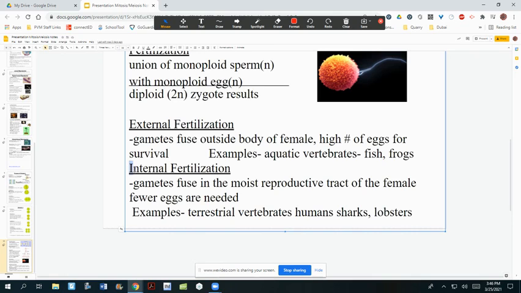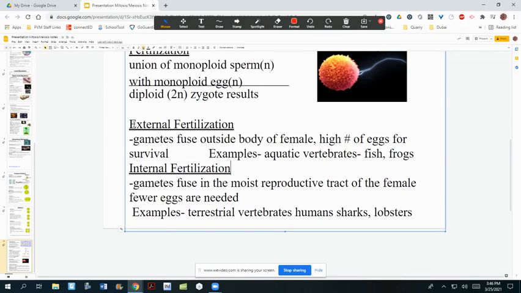That would be an example of internal fertilization and internal development. But there are organisms that do internal fertilization and external development, like birds. Birds do internal fertilization, but they lay an egg and the offspring develop outside of the body.